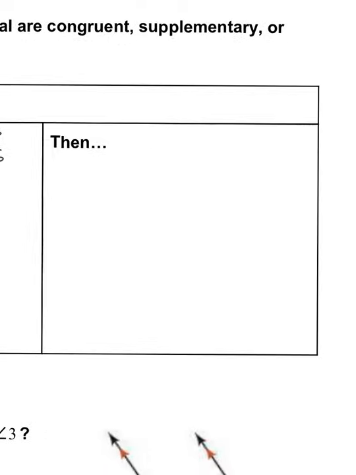If they are same side interior angles, our postulate tells us that they are what? Same side. Right, but same side interior angles are supplementary. So what that means is I could add the measure of angle 4 plus the measure of angle 5, and get what? 180.